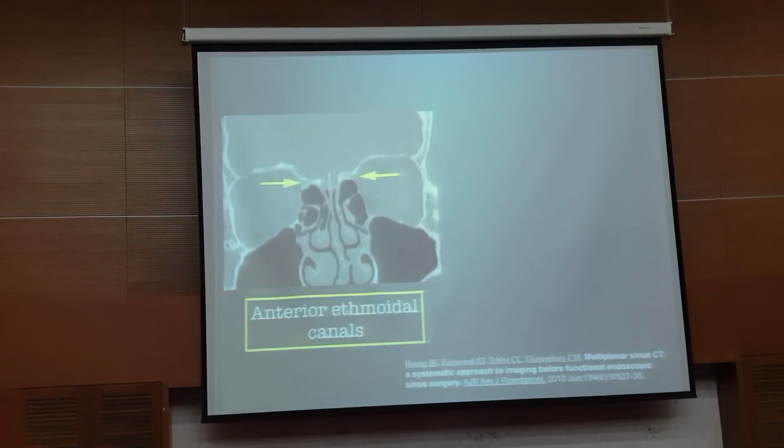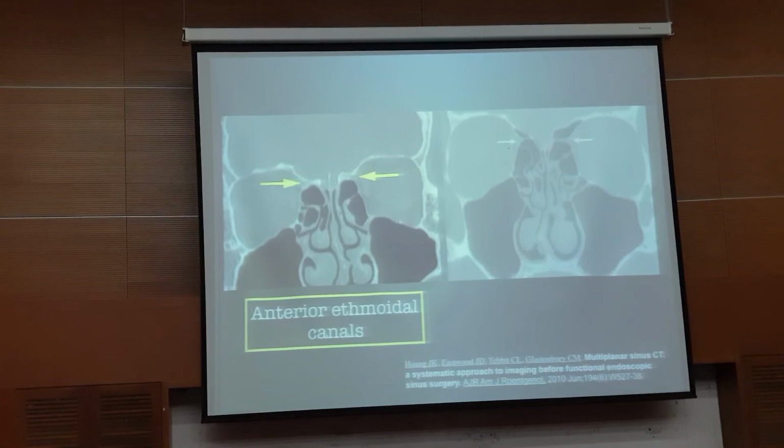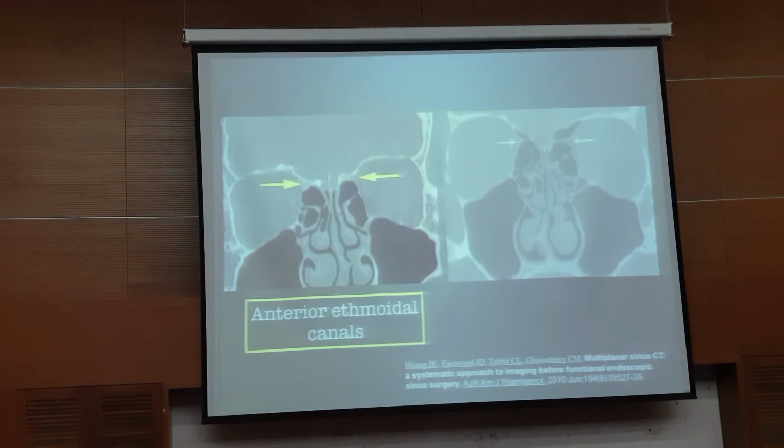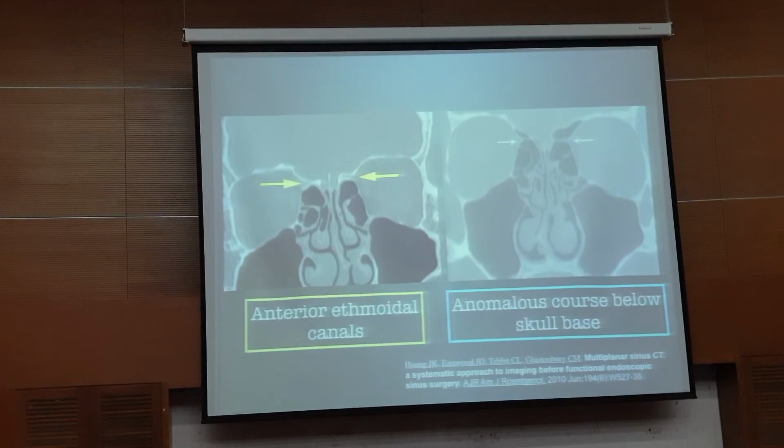Sometimes you see that it is actually below the skull base. You can see that there is maybe some supraorbital cell here, and the anterior ethmoidal canal is actually below the skull base. This is known as the anomalous course of the anterior ethmoidal canal. It's important because the artery is now traversing through pneumatized ethmoid cells.